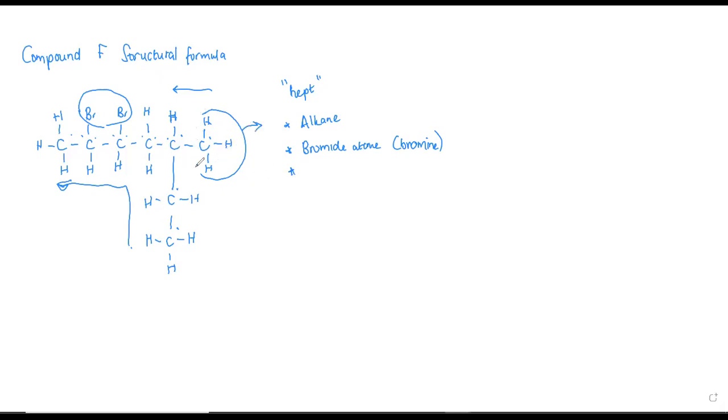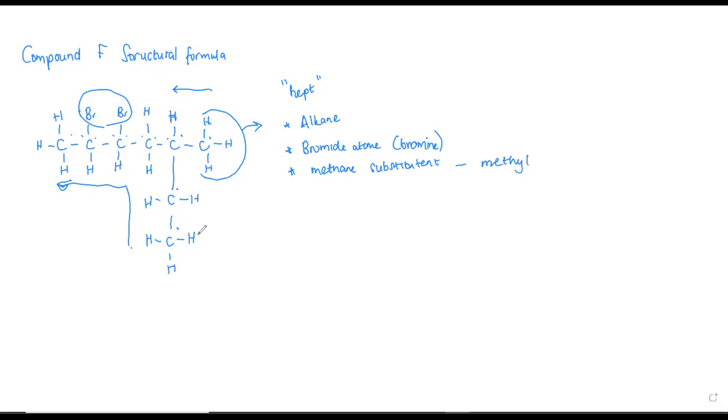So this is a substituent that belongs in the alkane group, and it has 1 carbon atom. And we know that one carbon atom in the alkane group is a methane. But since it's a methane substituent, which means it is attached to something else that's bigger than it, the substituent will be a methyl.